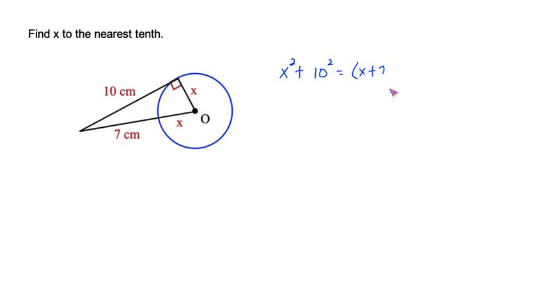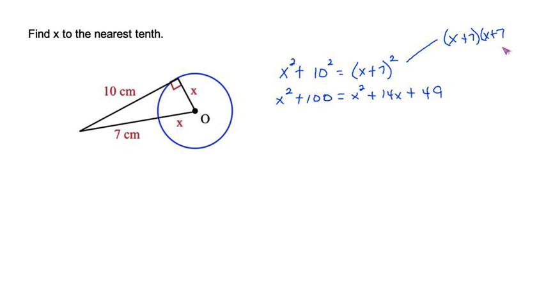So when I put all this in the Pythagorean theorem and simplify, I get x squared plus 100. And remember, when you square a binomial, we're going to square the first term, twice the product, square the last term. If you don't believe me, you could just write it down twice and use the full method.